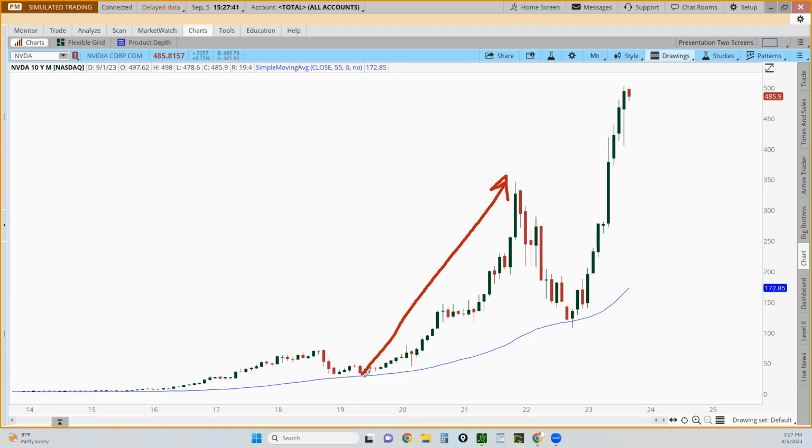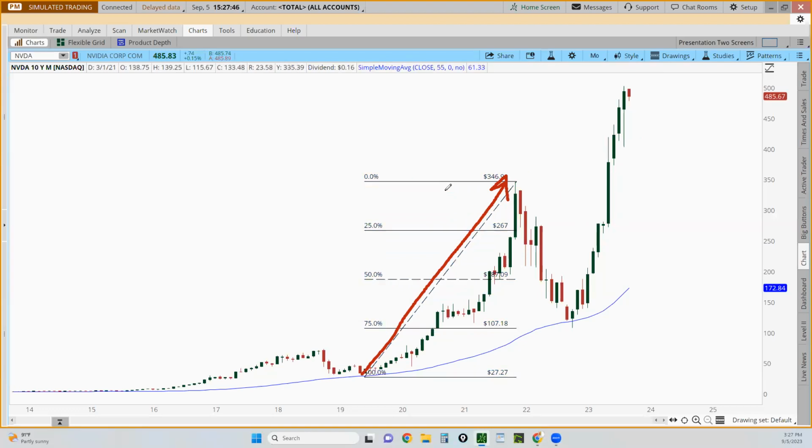So if I come over here and draw this line up here, going all the way to here, what you'll see is we start with 0. This is a 25% pullback, a 50% pullback, 75% pullback, 100% pullback. Does that make sense? And I'm starting off from where the last rally began off the blue line of the 55 simple moving average. Does that make sense?